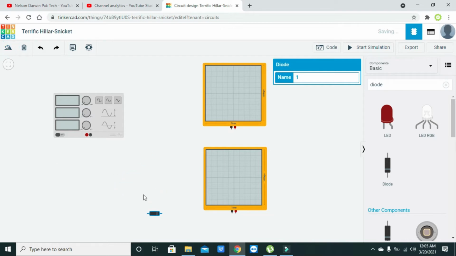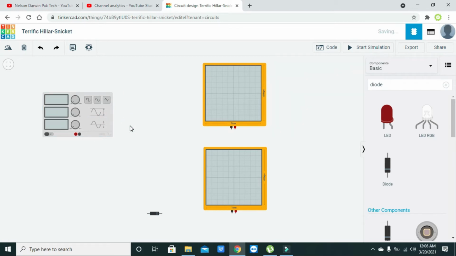Now we will generate a sine wave or AC voltage wave, and we will directly feed it to the diode. Then we will see the effect of rectification on the lower oscilloscope.